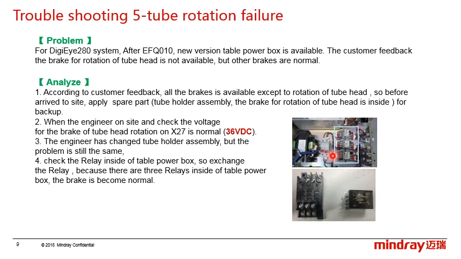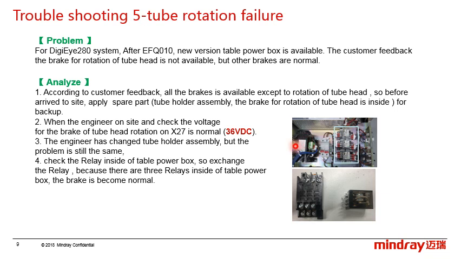So, before the engineer goes to the customer site, we suggest the engineer apply for the tube holder assembly parts for backup, because the rotation brake is in the tube holder.